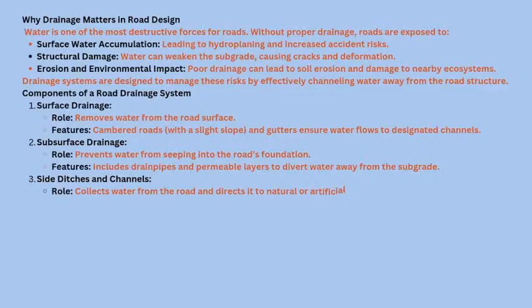Key design principles for effective drainage. 1. Slope design. Roads are built with a crown or cross slope to guide water off the surface. 2. Material selection. Permeable materials are often used to reduce water infiltration into the subgrade. 3.